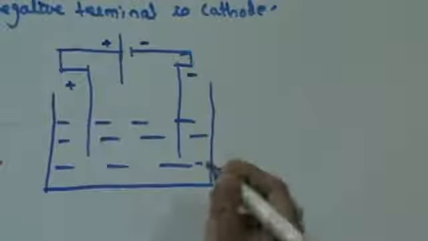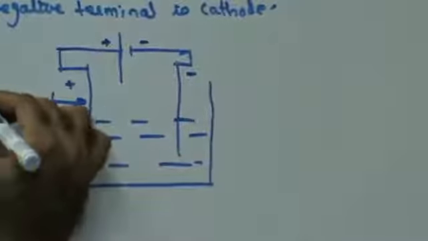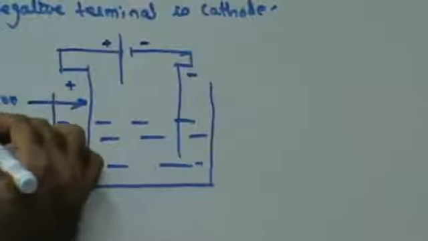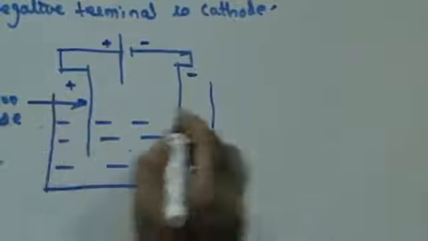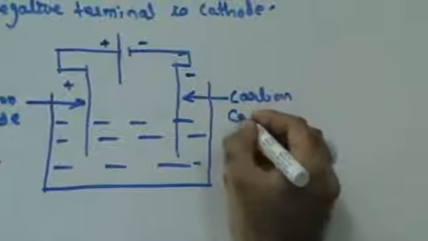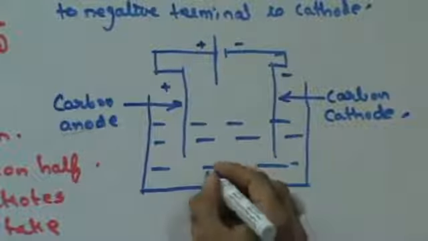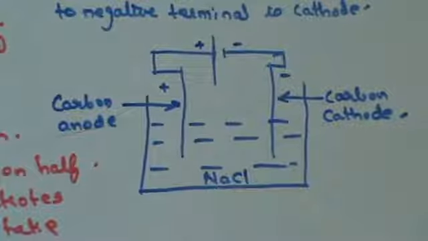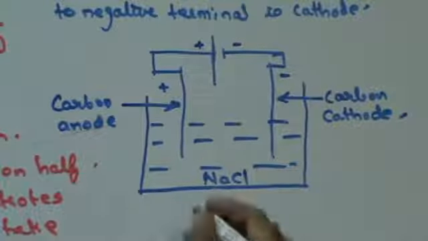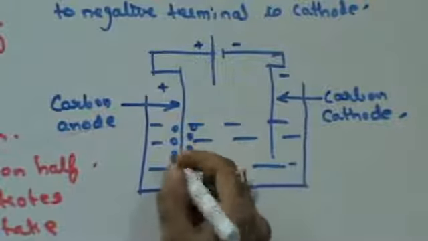Right? Where you have, this is your carbon anode, and this is carbon cathode. You have fused sodium chloride. Right? What you will observe is that you will see bubbles of chlorine gas at anode.